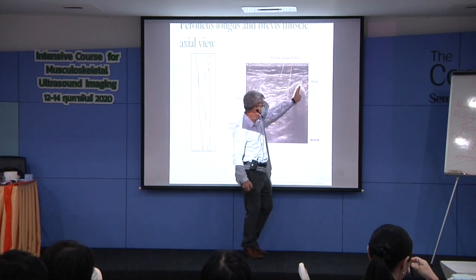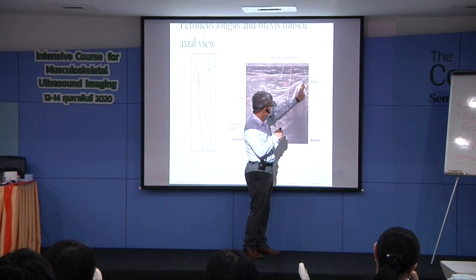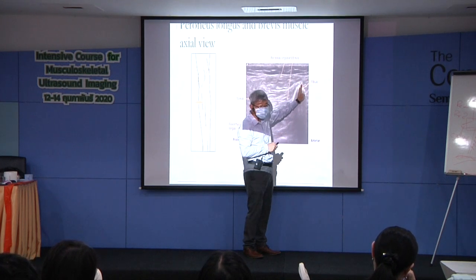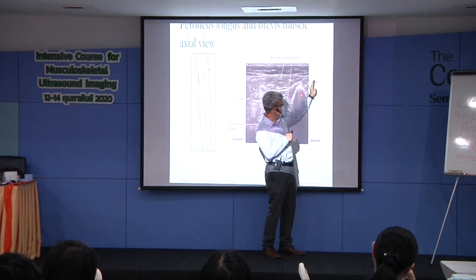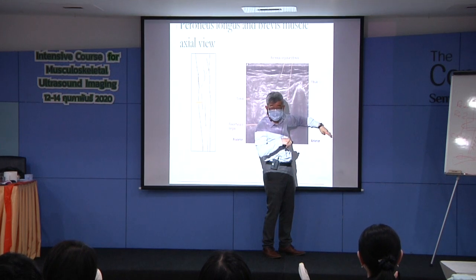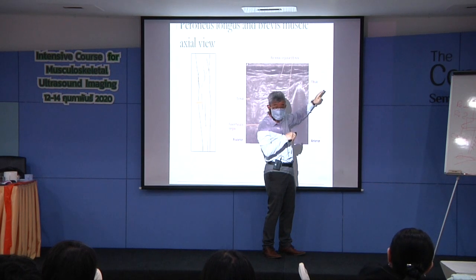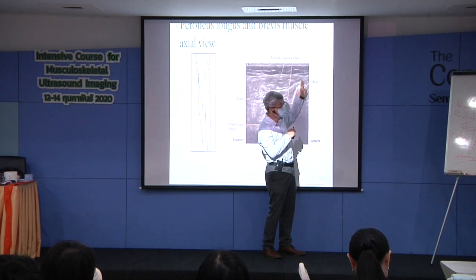The neighbor of the peroneal longus is the extensor digitorum longus, then extensor hallucis longus, tibialis anterior, right?